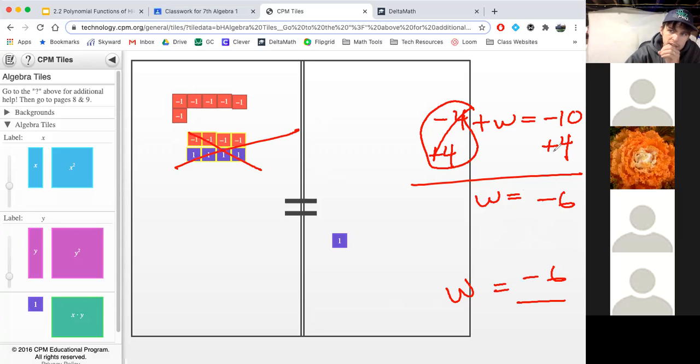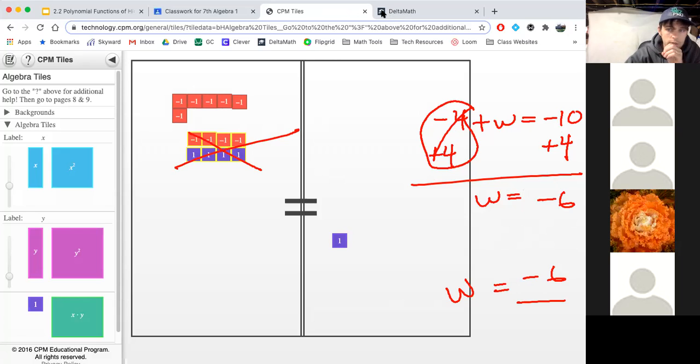If you have a hard time with this, using the algebra tiles for simplifying is going to be helpful. You can really visually see what's going on with that. I have a question. Sure. How do you know whether it's add or subtract, like on this one? Yeah. So to make a 0 pair, I always want to have opposites.